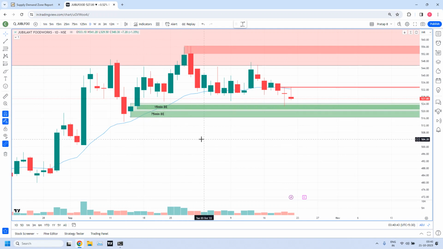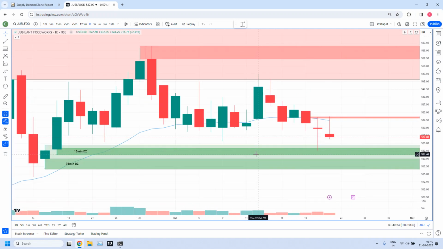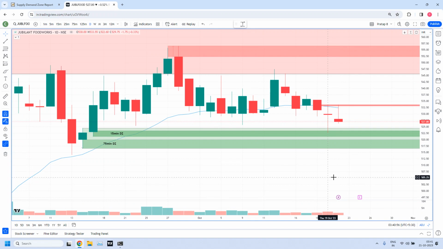For this concept, let us focus on this high liquidity demand zone. How many times has this zone been tested so far? Only once, right? That too yesterday. Till before yesterday, it was a fresh zone as per our supply demand zone principles.